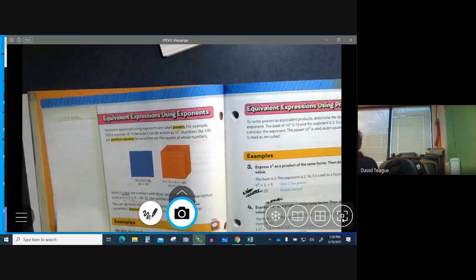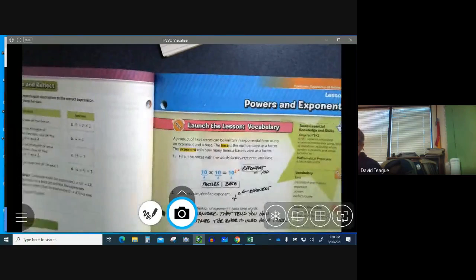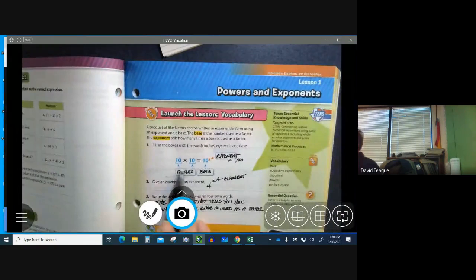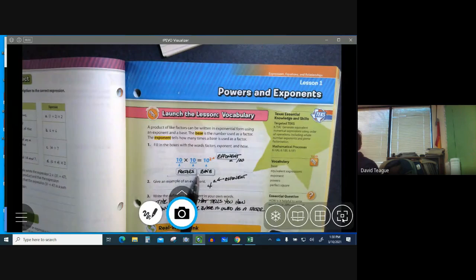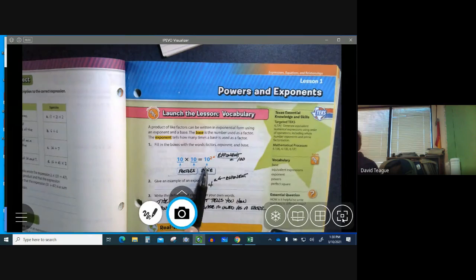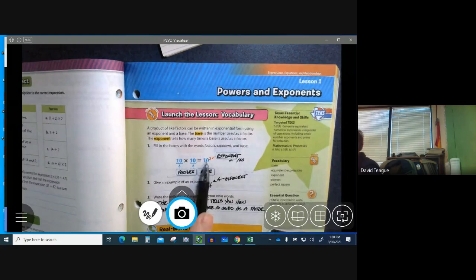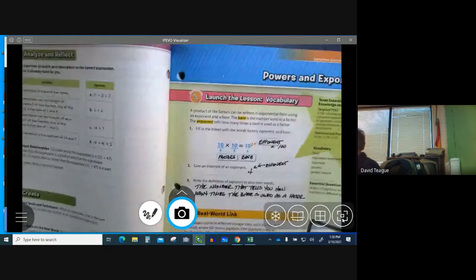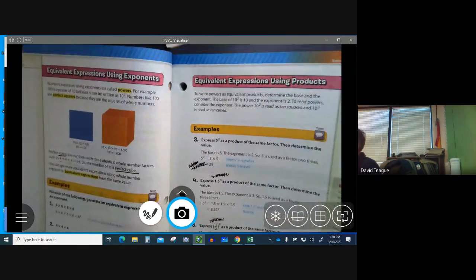Okay, so just as a reminder, we've been talking about powers and exponents. It's a shorthand way to write an expression. So in this example, 10 times 10, we use our base number, which is the 10, and our exponent is the 2, which is the number of times we multiply it by itself.